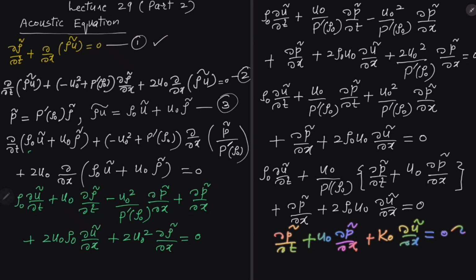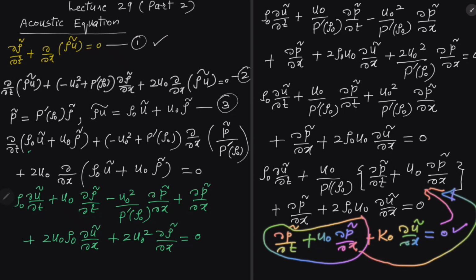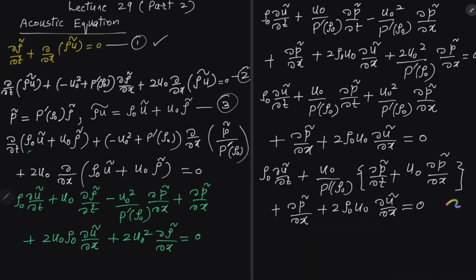So that was this equation. We will use this equation over here. How can we use that? Since this term is the same as this expression, we put this equal to the right hand side.